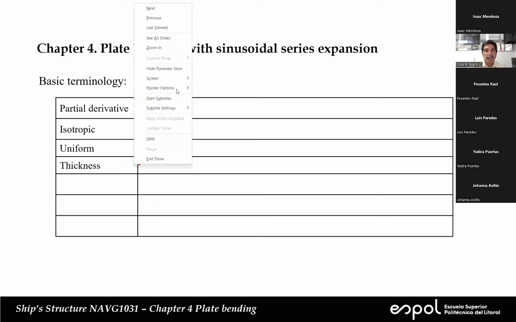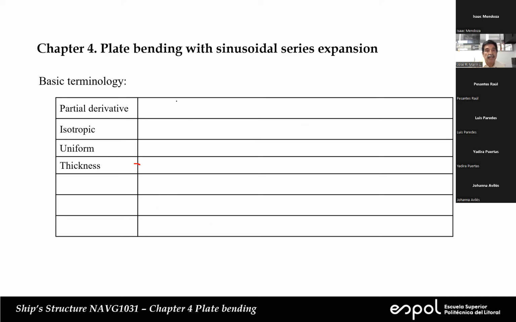Some basic terms that we are going to be using quite often. Partial derivative: in general, the deflection we're going to call W. But this W will depend on X and Y, since these two are independent variables.